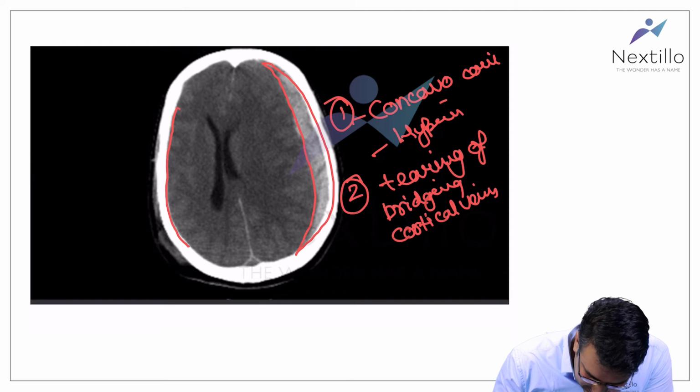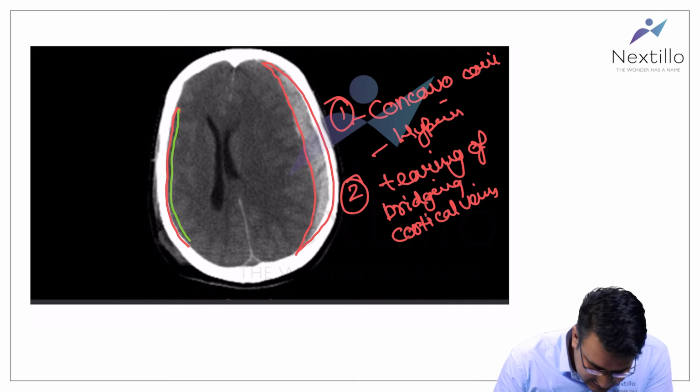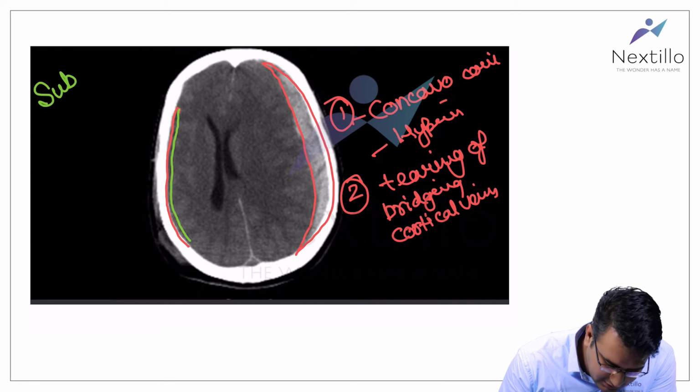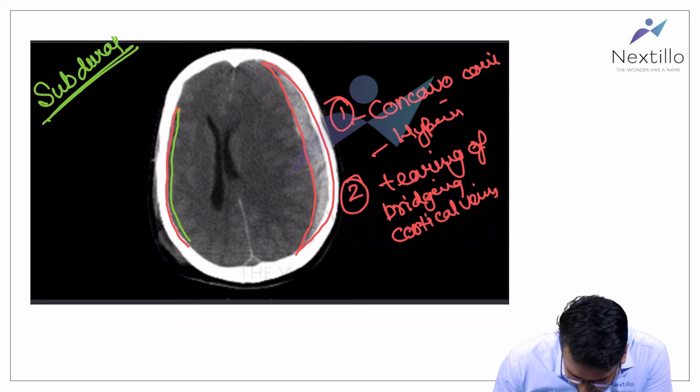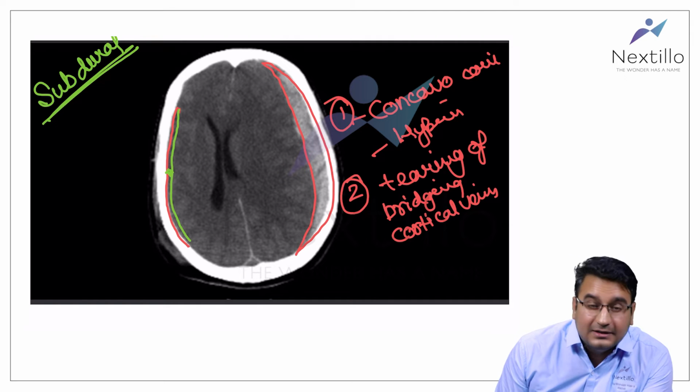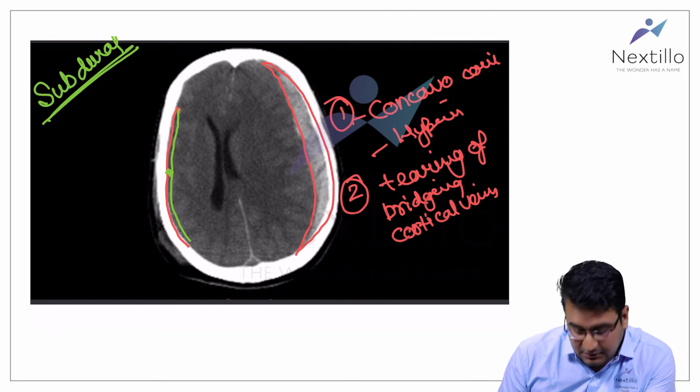Next is the arachnoid mater, which I'm going to mark with green. This is the arachnoid layer. As the name suggests, subdural: the collection is between the dura and arachnoid. This is the part where the collection of blood is.